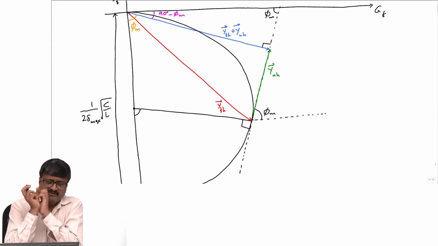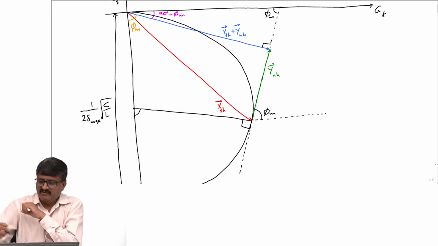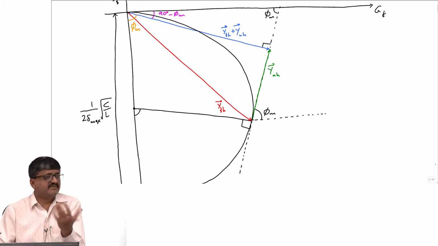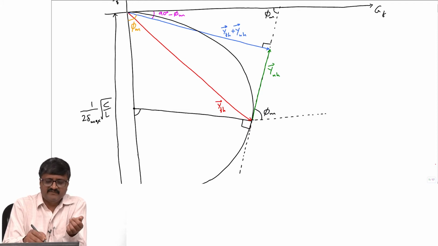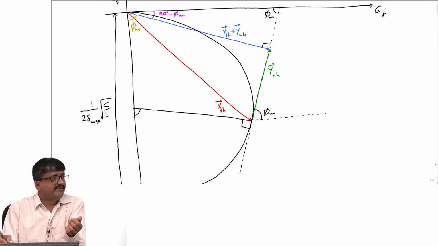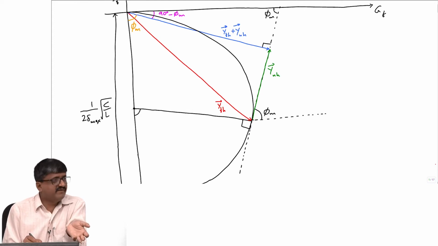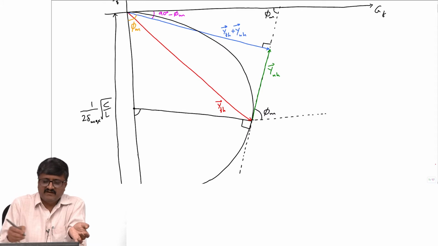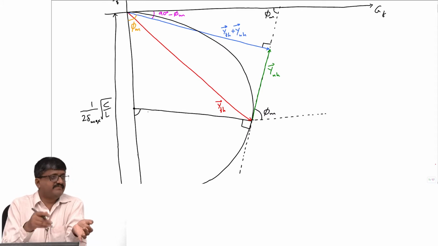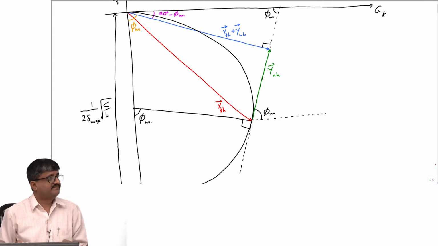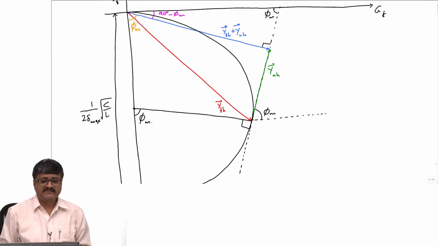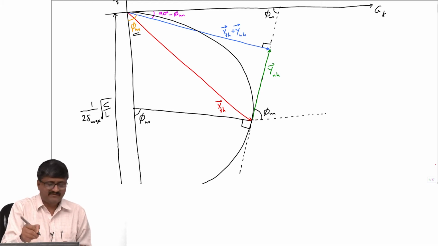I have dropped two perpendiculars to this boundary, one from the origin, one from the center. So, these two are parallel. If the other line is making an angle phi m with respect to this BF axis, this is also phi m.